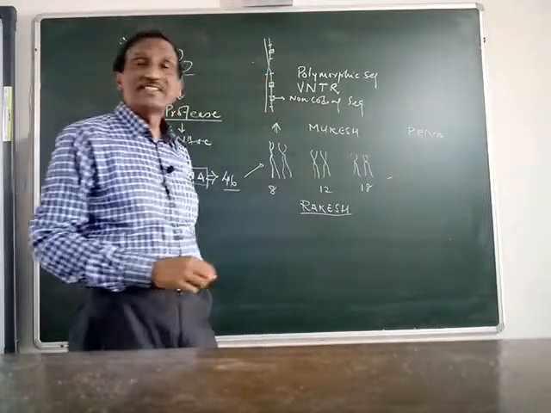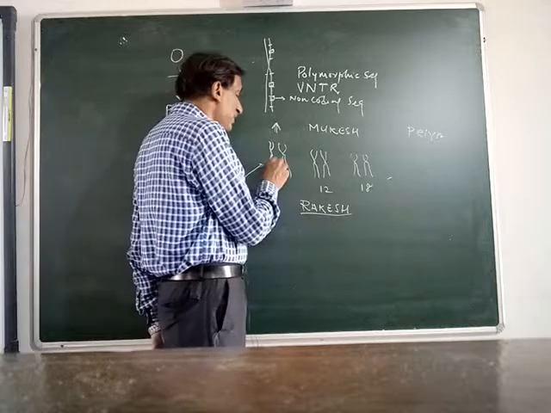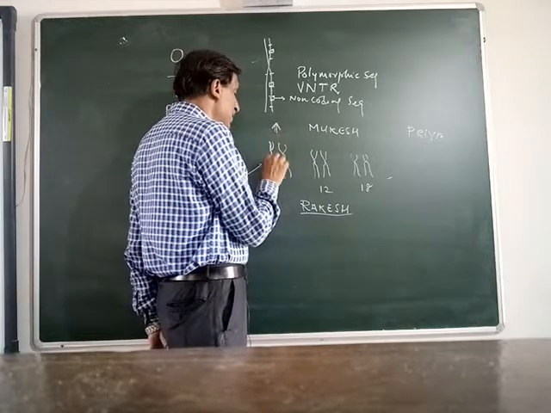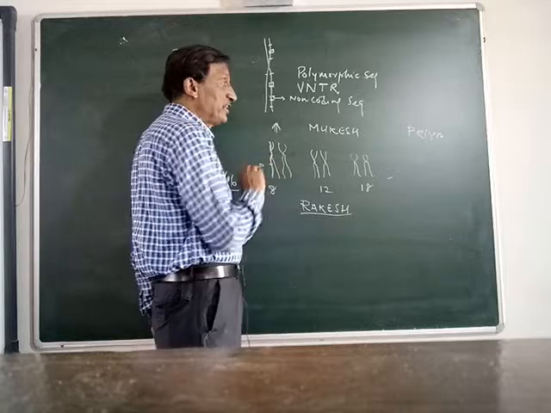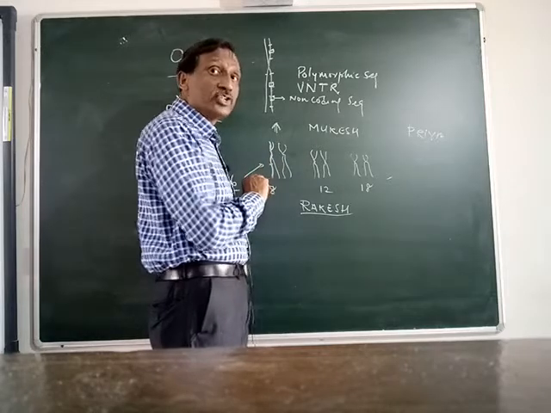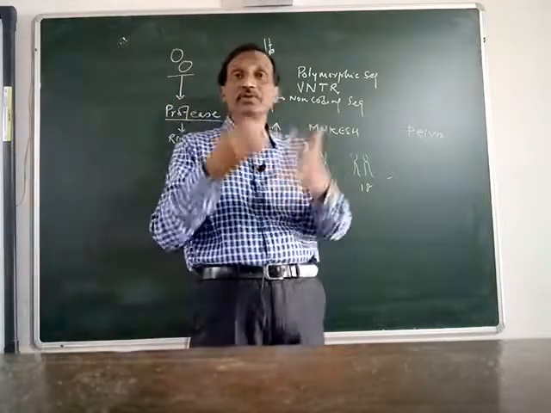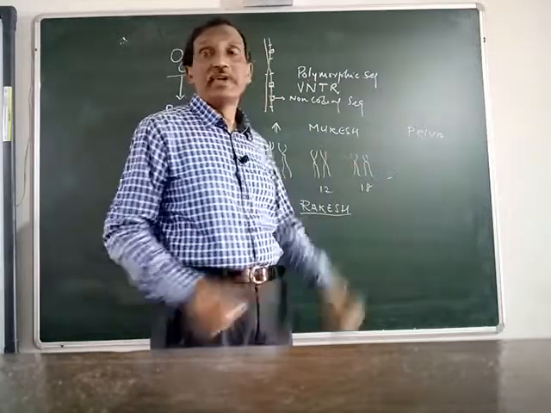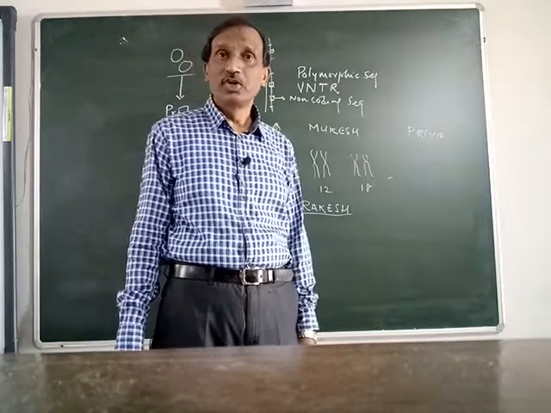But it is not always that way, because sometimes the crossover takes place. So suppose this particular segment from here to here is of Mukesh and here to here it is of Priya. So there is some possibility of intermixing, and that is why we have to take the segments from a number of places.